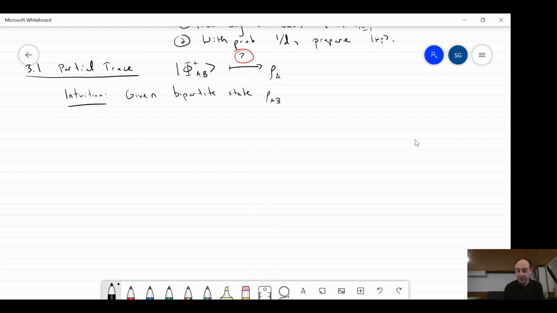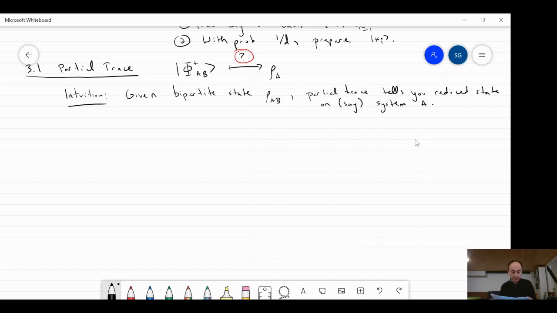So given any bipartite density operator rho AB, the partial trace tells you the reduced state on, say, system A. It doesn't matter. You could also say system B. It throws out one of the systems and tells you what the other system looks like.